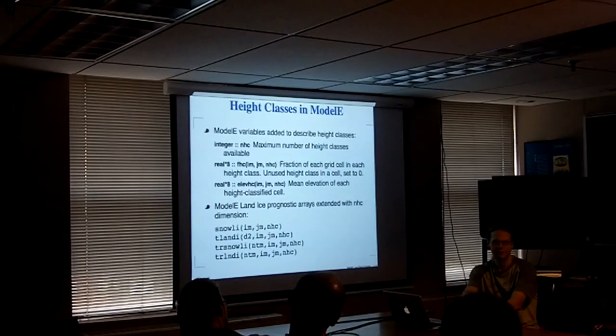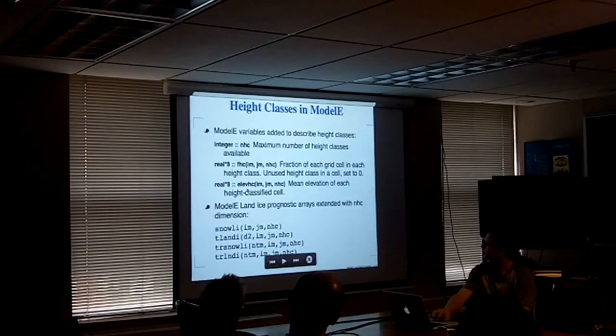I believe this is related to a push to make more of the land surface types able to change. Right, the height classes can change. Ice can change into bare ground. Bare ground can change into ice. Well, not in our climate. Those are not in ModelE yet.